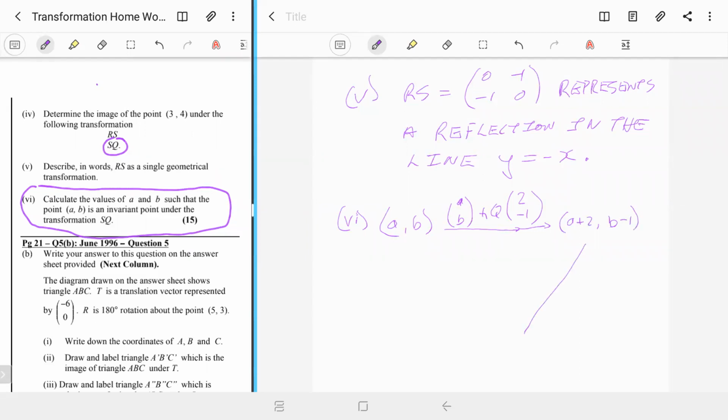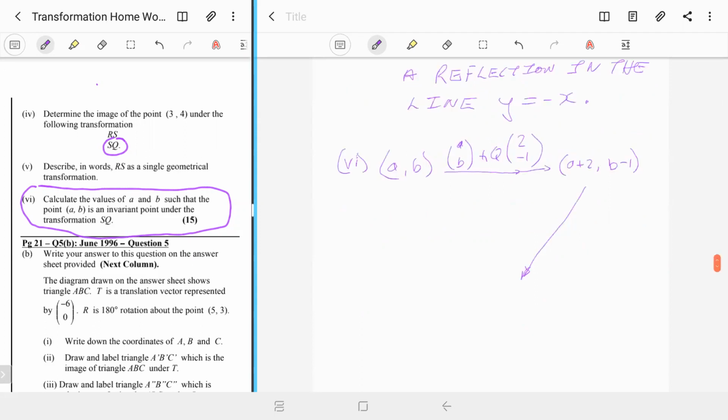We're going to apply the S next. Remember, what was the S again? -1, 0, 0, -1. Applying that to the point A plus 2, B minus 1, you have to carry the letters because we don't have the values. When you apply this, you're basically just multiplying these values by a -1.